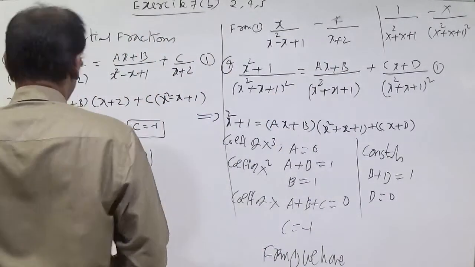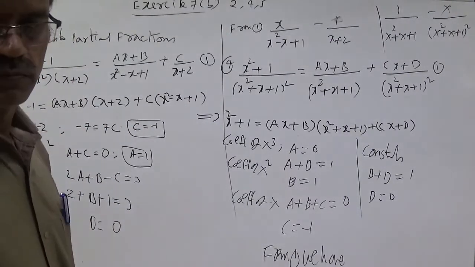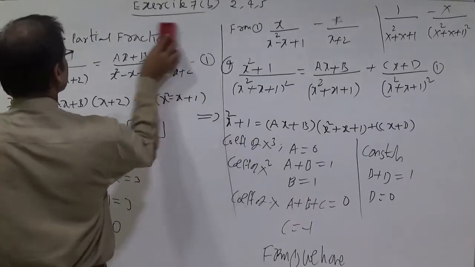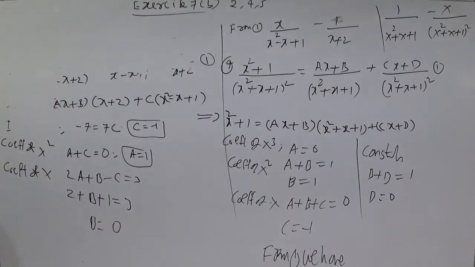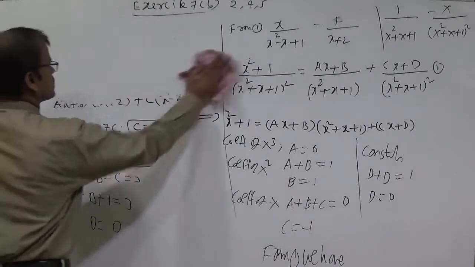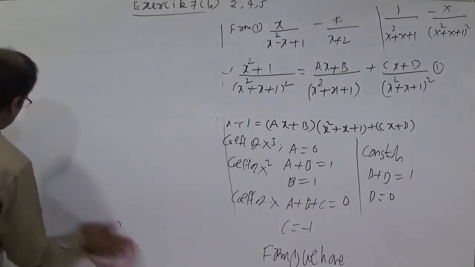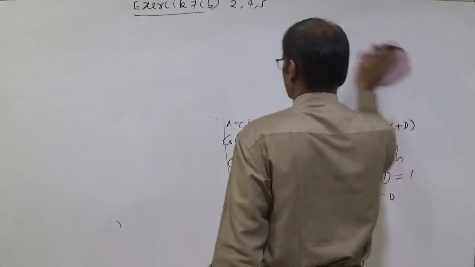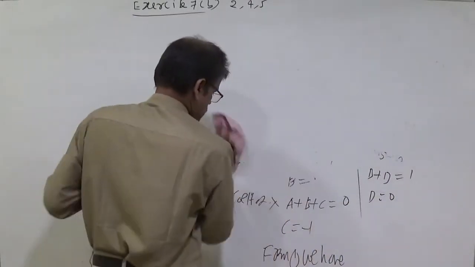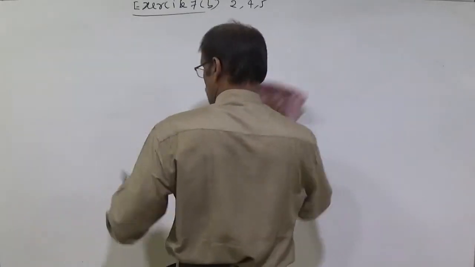Now, let us go to discuss the fifth question. Fifth question, x cube plus x square plus 1. Irreducible polynomial and linear factors: that is, if f of x by g of x is a fraction, g of x contains irreducible polynomial and linear factors.